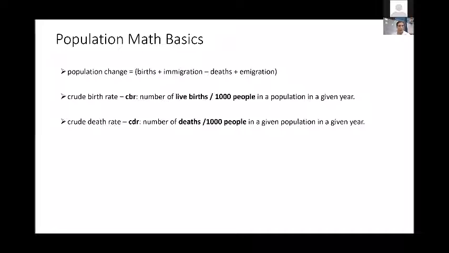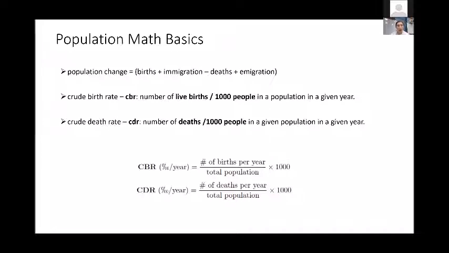We can look at the crude birth rate, which is the number of live births per 1,000 people, or births per capita in a population in a given year, and also the crude death rate, which is the same just for the number of deaths. We can calculate the crude birth rate by taking the number of births per year per capita of the total population and multiply that by 1,000. Same thing for the crude death rate.